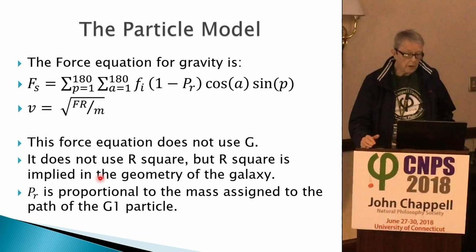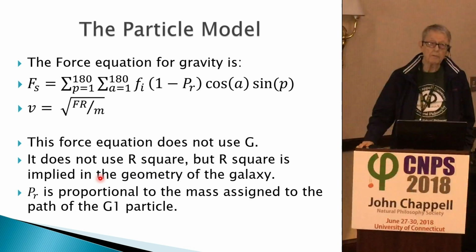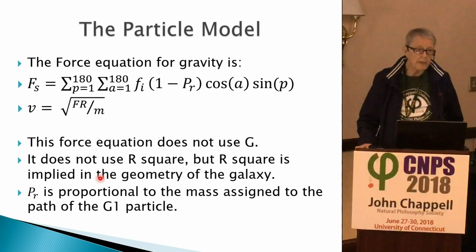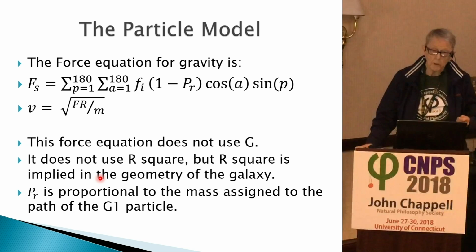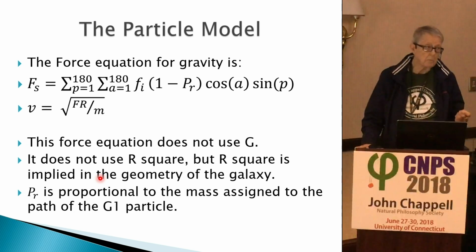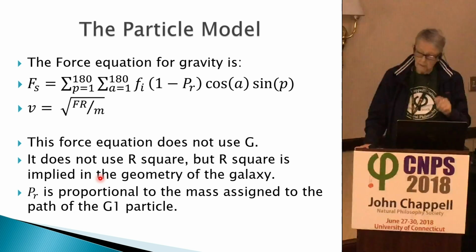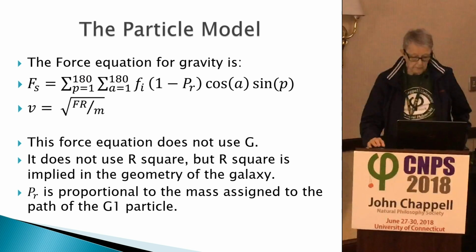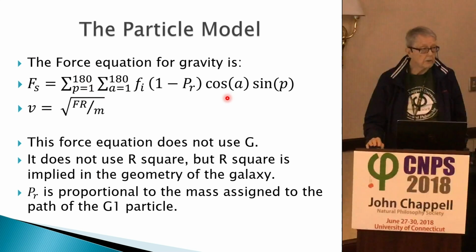So in the particle model, late in 2005, David asked me to work on a gravity experiment. To help him with that experiment, I developed an equation. That's the equation that I developed right there. There's a paper on the experiment and using this equation.